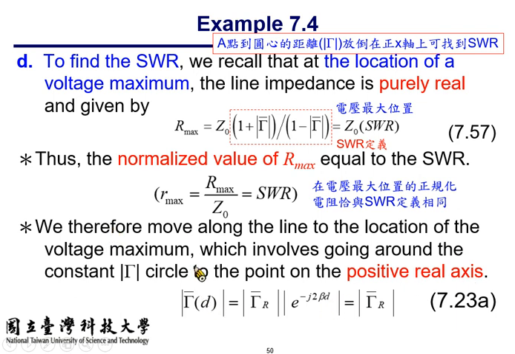And because on that circle, the distance from any point on that circle to the center of the graph is the same, they all have the same reflection coefficient magnitude.